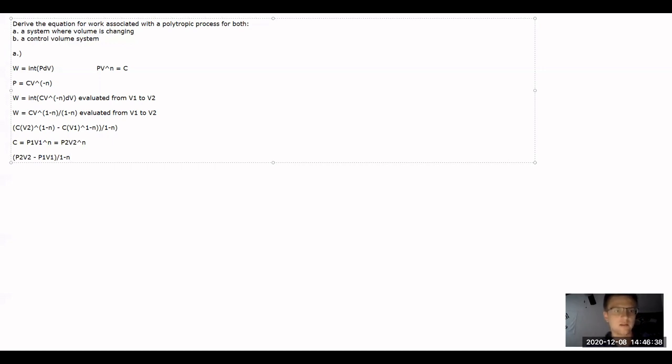And there is our equation for the work for a system where the volume is changing. For n greater than 1, P2 will always be less than P1, and V2 will always be greater than V1, which means that our gas is expanding, and that implies that we have positive work because we're getting energy out of our system.